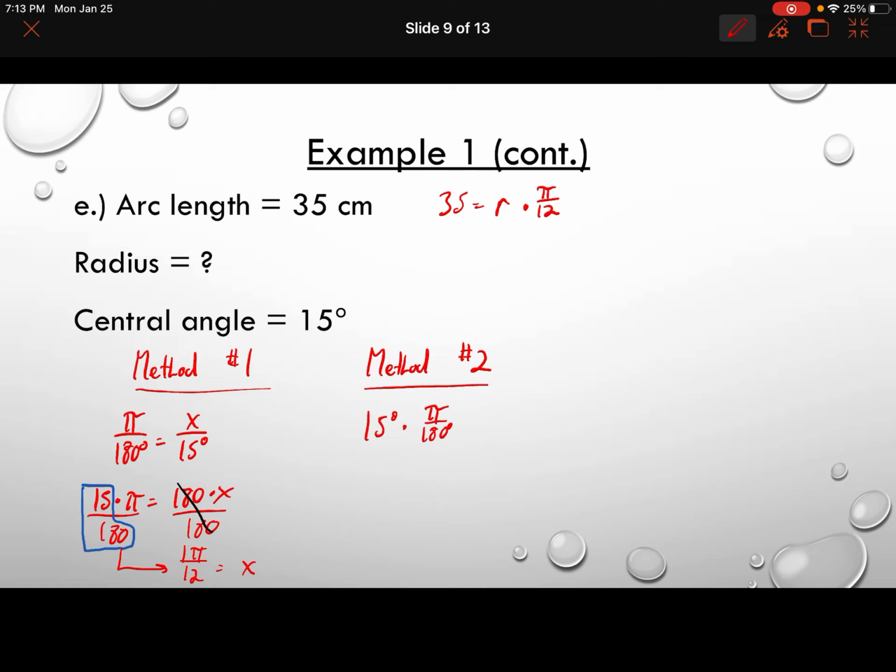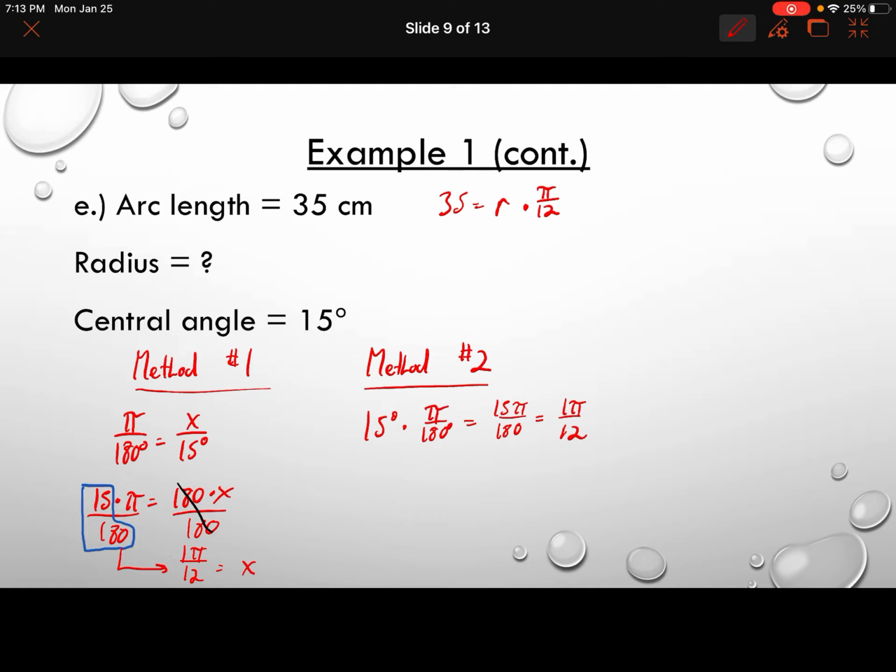And you're basically left in the same spot. You have 15 pi over 180. The 15 and the 180 simplify to 1 pi over 12. So method 1, method 2. Similar to the previous problem, either you can use a straightforward formula in method 2, or you can set up a proportion in method 1. Whichever you find easier, you go for it.